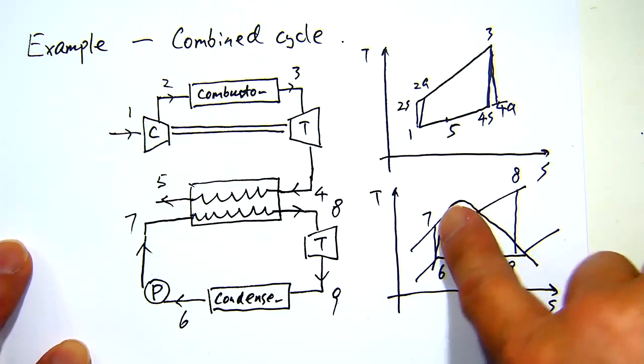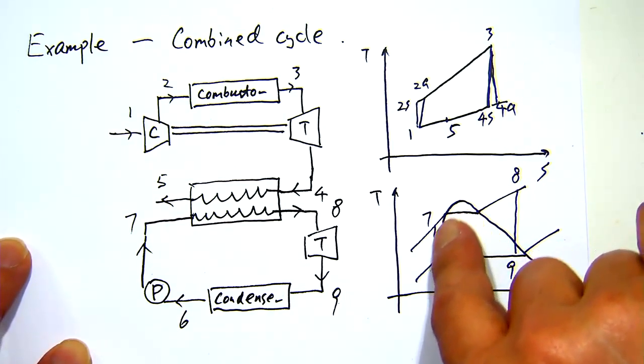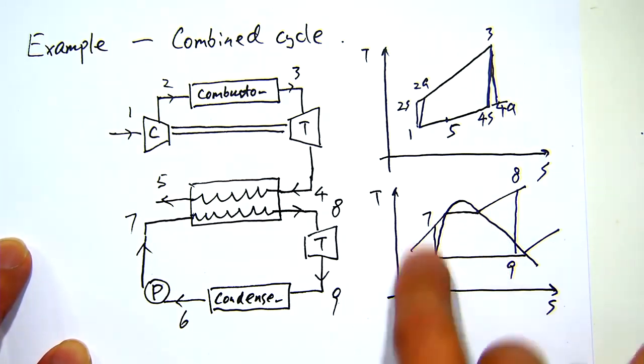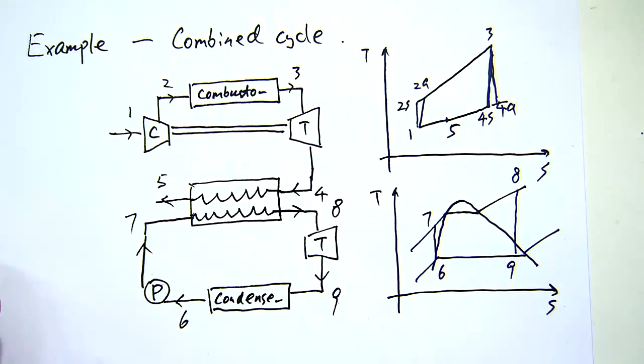The slope here, in the liquid side, should be a lot steeper than what I drew there. So this state 6 and state 7 are not very far away. The distance of them is related to the work for the pump.